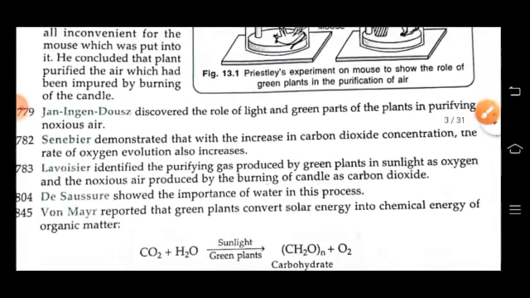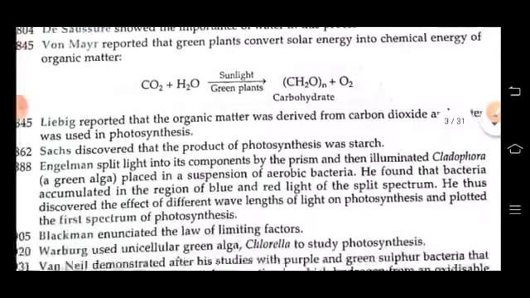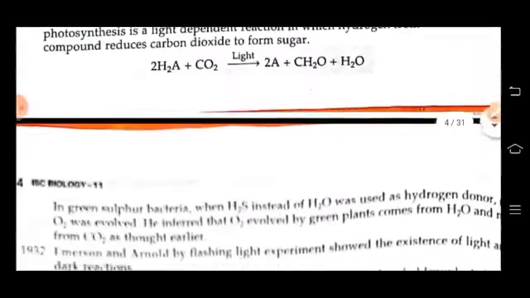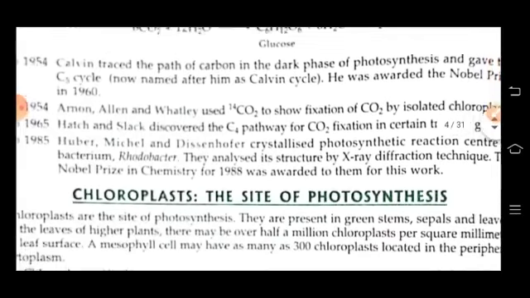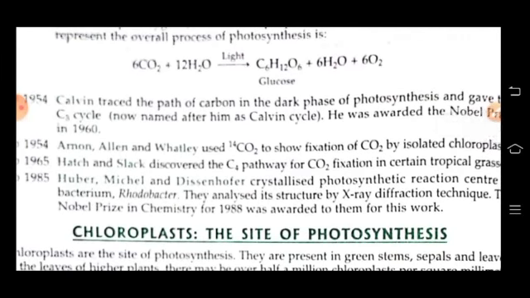The other scientists have also discovered different aspects of photosynthesis, like the role of light and the green plants, then the role of carbon dioxide concentration, and the role of solar energy in the process of photosynthesis. Calvin traced the path of carbon in the dark phase of photosynthesis, the C3 cycle.